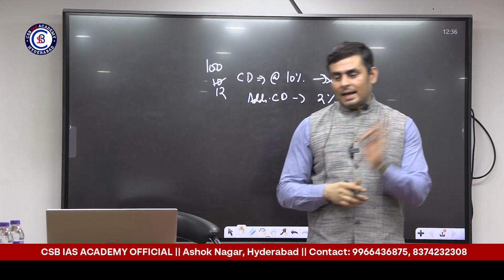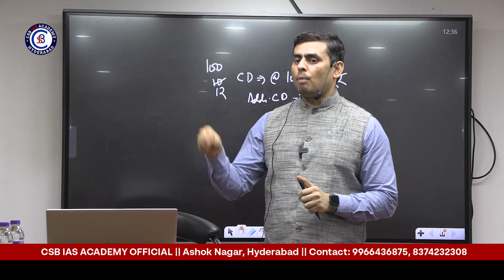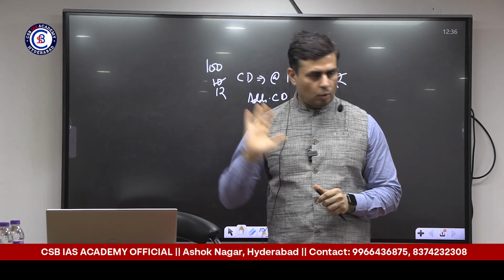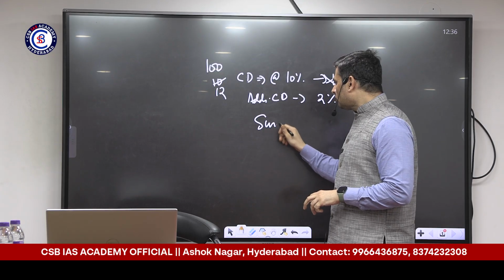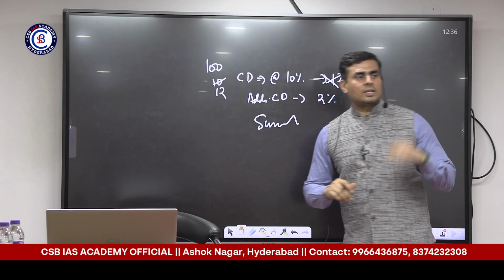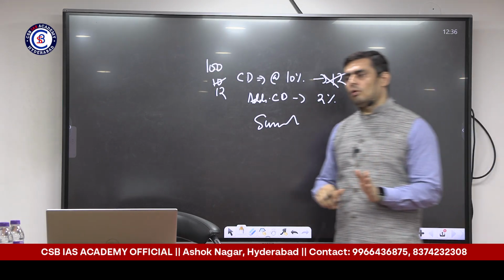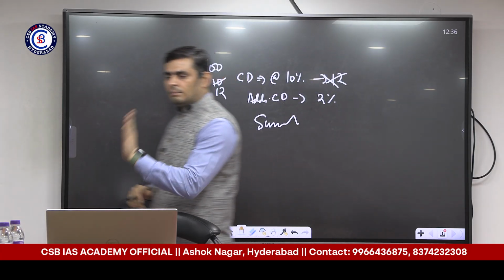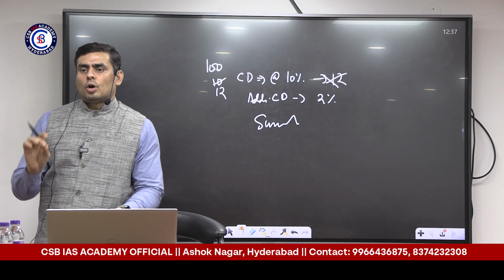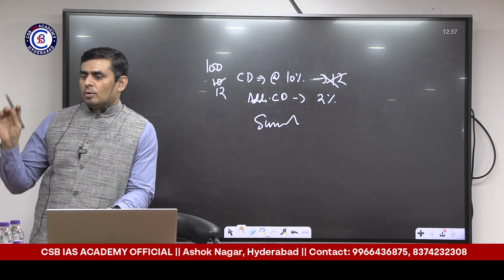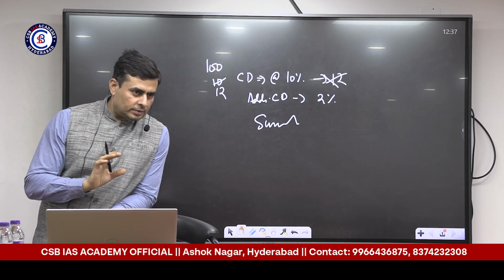Because that separate tax is going to be in the pocket of the union government only. So you can consider it a type of surcharge. So surcharge is applicable in the name of additional custom duty. Why? Because the center does not want to share with the states.